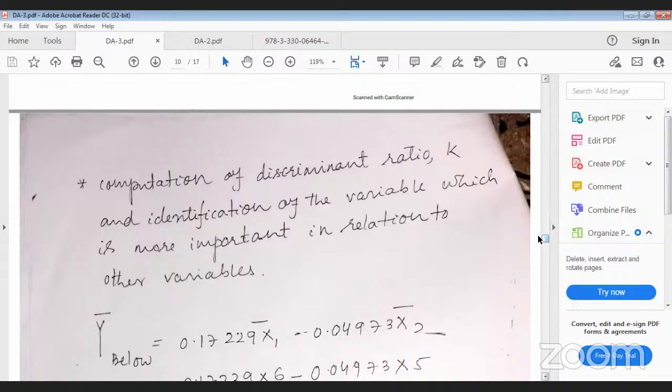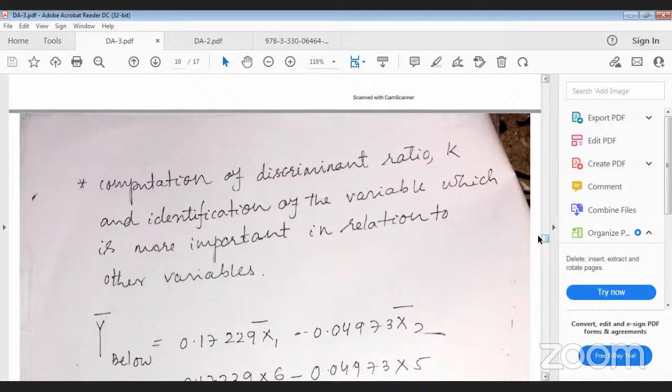Otherwise you cannot understand multivariate regression, because you first understand bivariate, then only can you go for multivariate. This is also one type of regression. One of the most important properties in regression analysis is that the regression equation, which here is linear, means a straight line, passes through x1 bar and x2 bar.